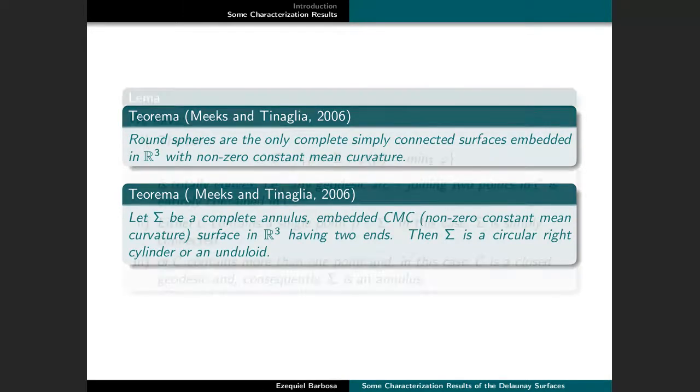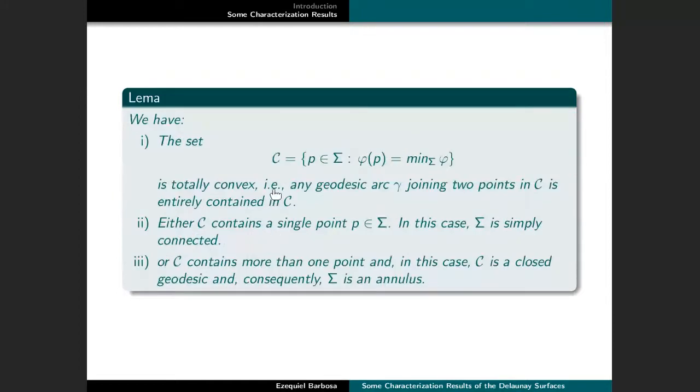Then in this case, if this set has just 1 point, we get the surface should be a round sphere. Now, suppose this surface is not simply connected. In this case, this set has more than 1 point, because if it had just 1 point, it would be simply connected.